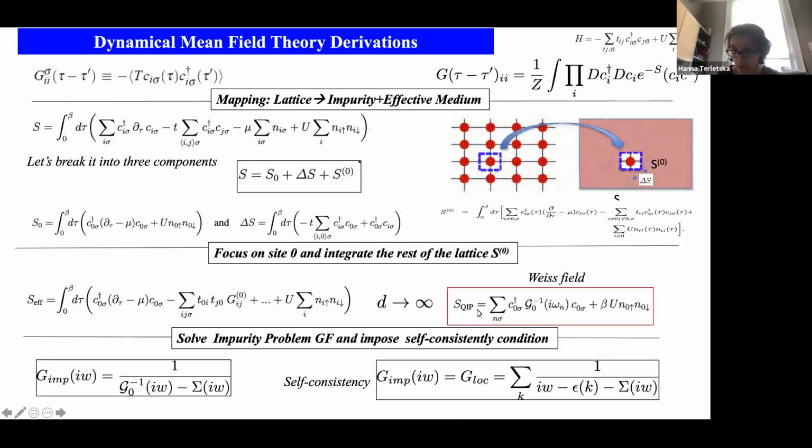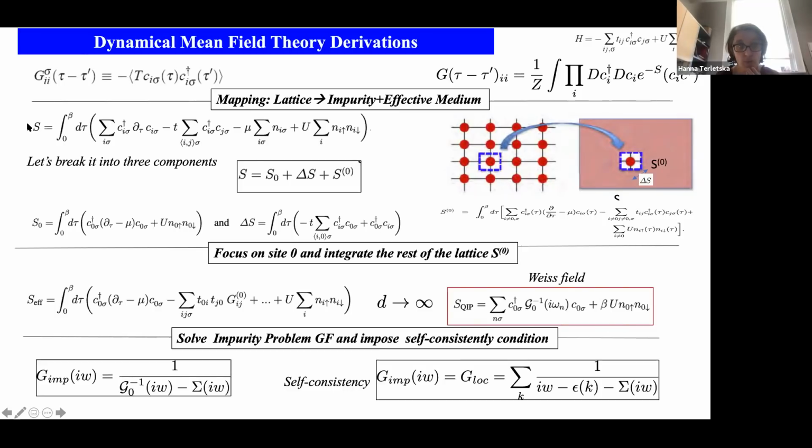The quantum impurity sits in this effective medium, which is described by this G script 0, which plays the same role as the Weiss field in the static mean field theory. So this is the main equation here.